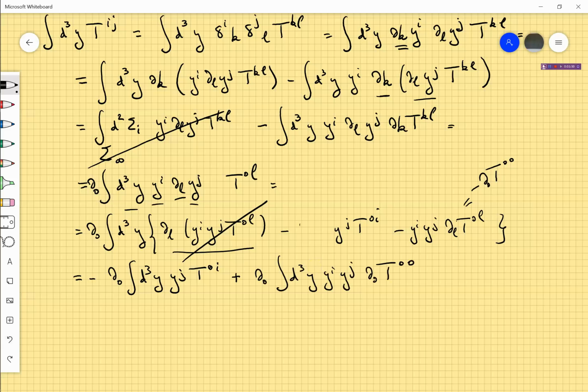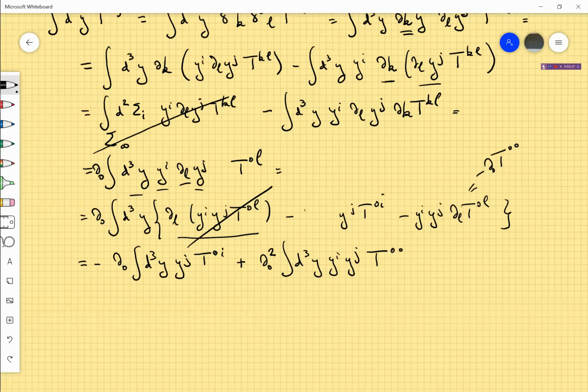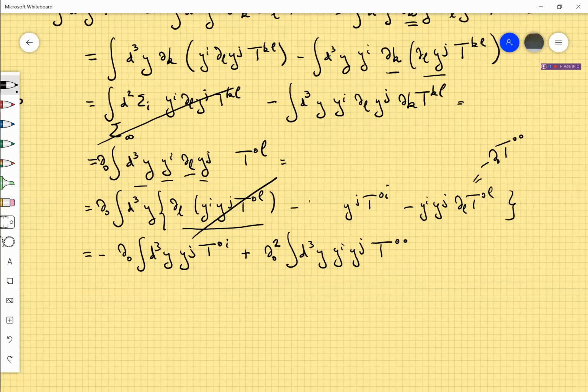Now observe that this d0 can again be pulled out of the integral for the same reason, and here we have the second momentum of the energy distribution. This is the quadrupole momentum. Okay, with only one coordinate, it would be the dipole momentum, and with no y's, it would be the monopole momentum. So this is already of the form that I told you that we would like to have.